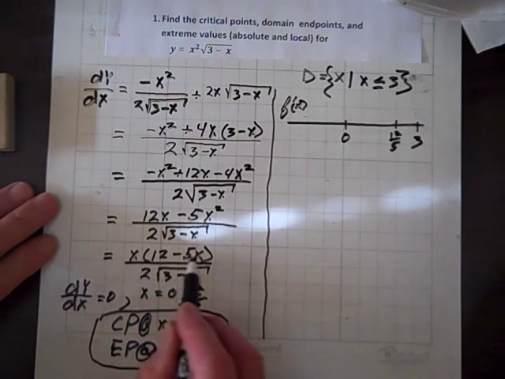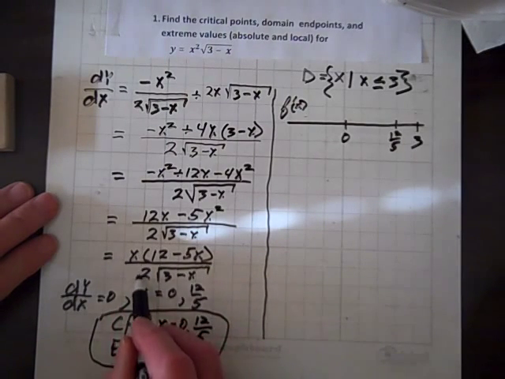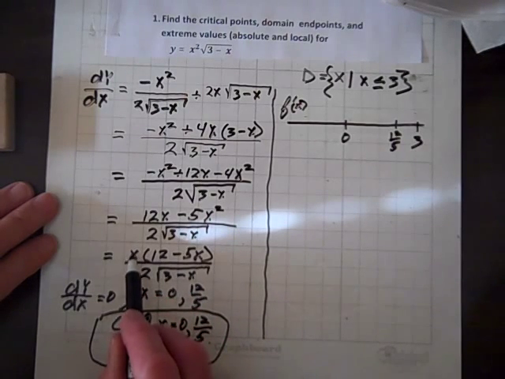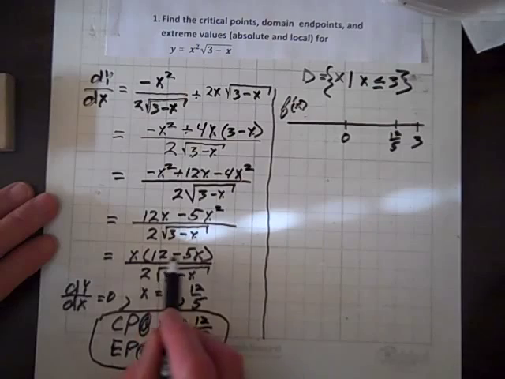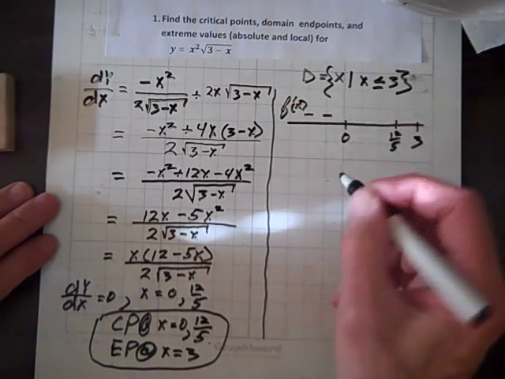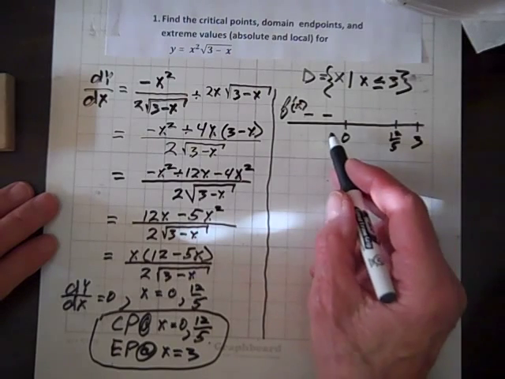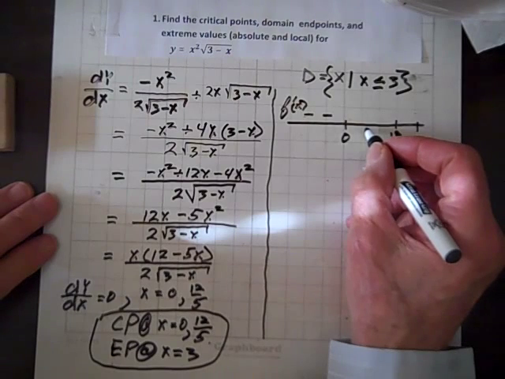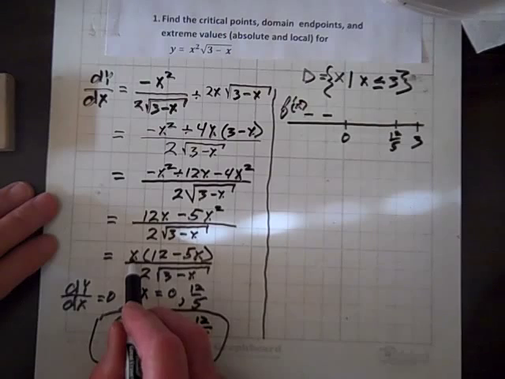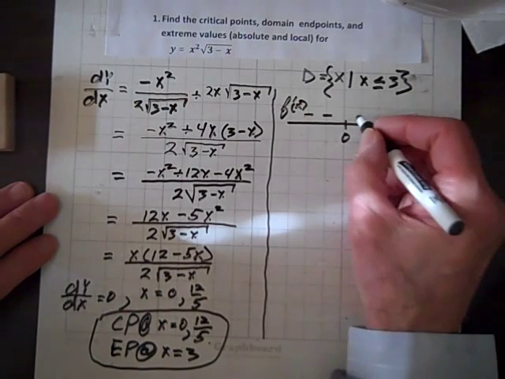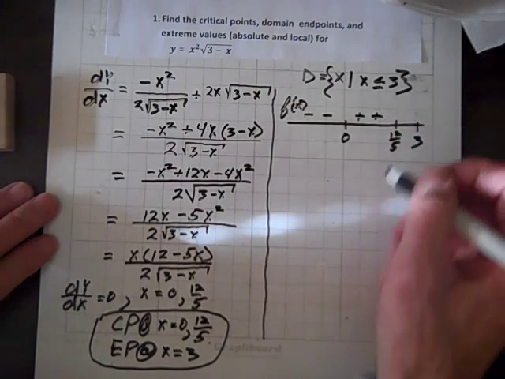Let's look at this numerator. Because the denominator is always positive, if x is -1, that'll be negative, but this will be positive, so our slope will be negative. Rate of change will be negative in this interval. Let's look at the next interval, and we'll pick a value like 1. If x is 1, this will be positive, this will also be positive, so the product of two positives is positive.